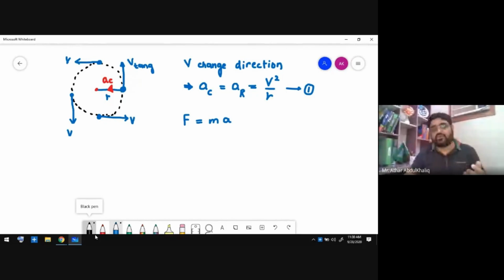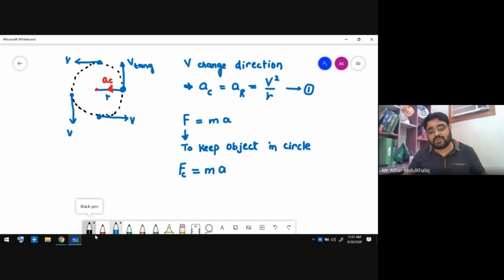So this force that keeps the object in a circular path is named the centripetal force or the radial force. So this will be equal to m a_c, and we did talk about this.